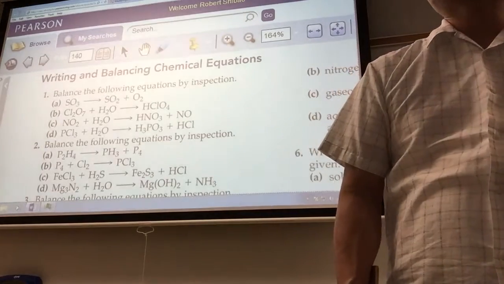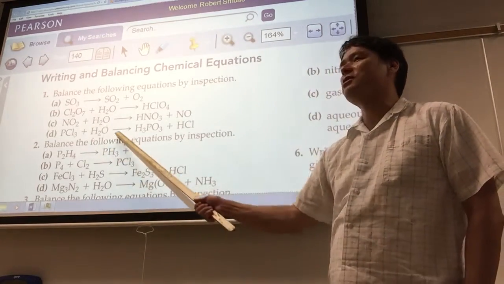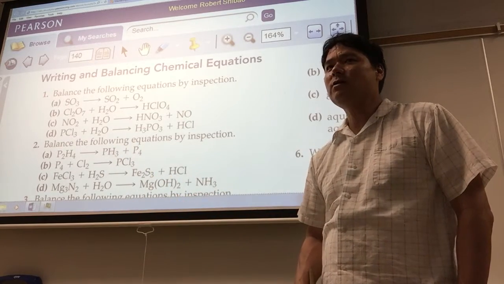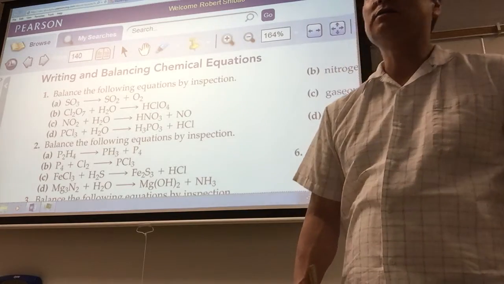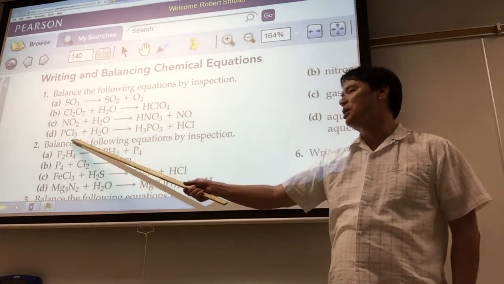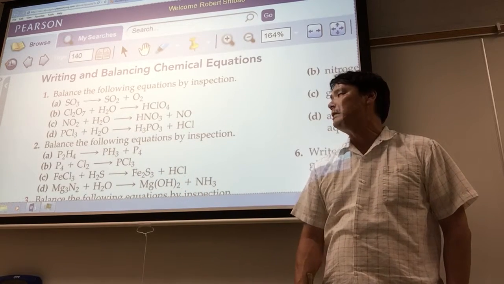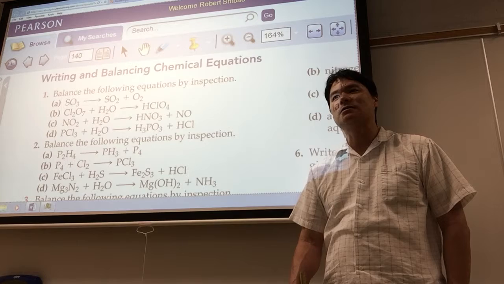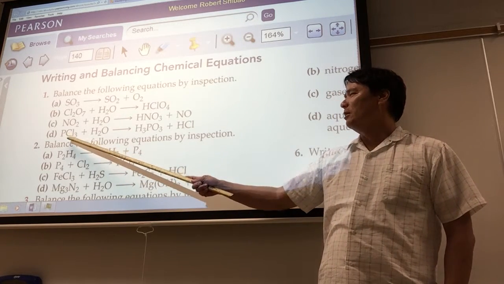It's very simple to tell, because only redox reactions will show a change in oxidation state. In acid-base reactions and metathesis, or double replacement reactions, the oxidation states do not change. And so did the oxidation states change? If they did, it's a redox reaction. If they didn't, then it's an acid-base or metathesis, i.e. double replacement. And so let's take a look.